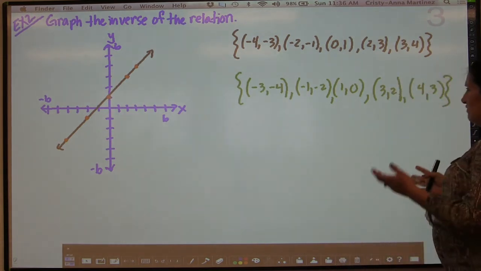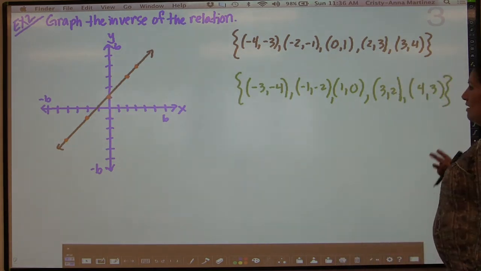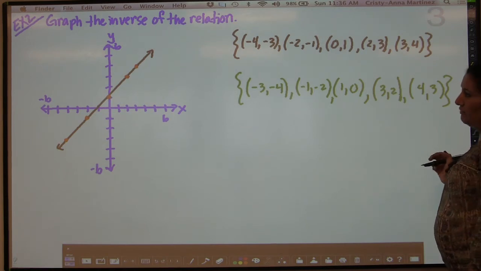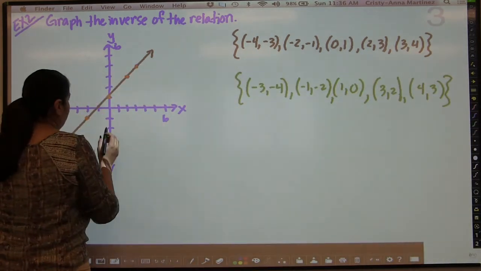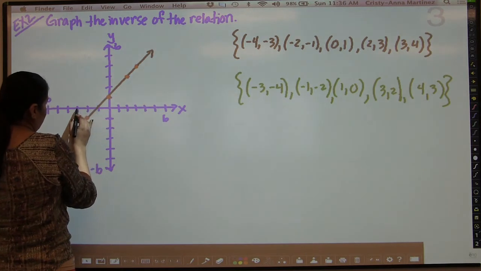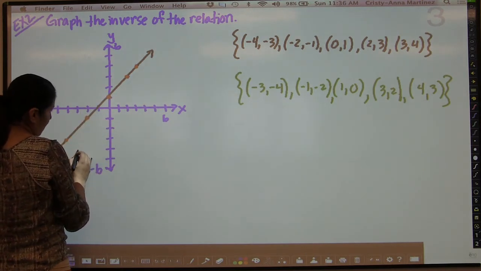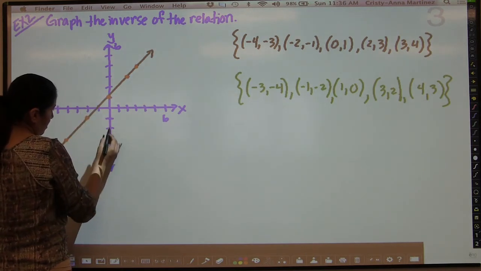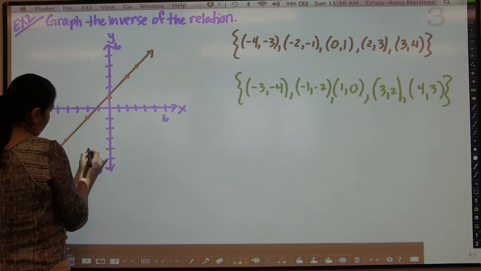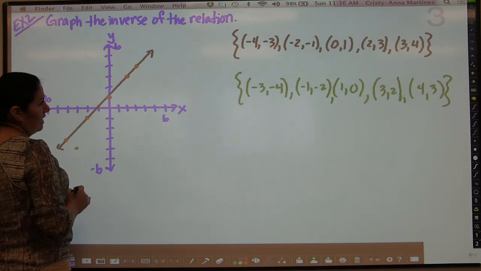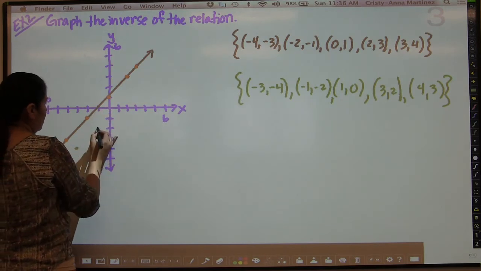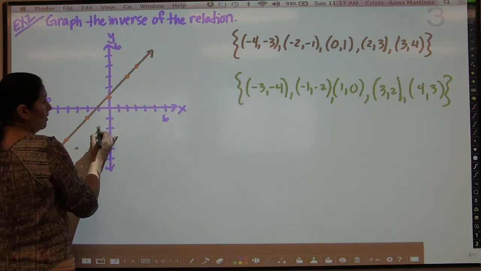Okay, so now we've inverted everything, and now I can actually plot this, and that's pretty much all you have to do. So now I'm going to come to my graph, and I'm going to say, okay, where's (-3, -4)? So 1, 2, -3, and then -4 is 1, 2, -4 is right about here. Then we're going to get (-1, -2), right about there.